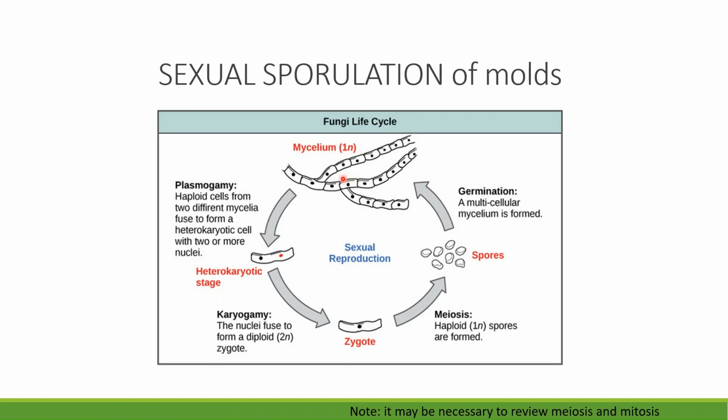And these haploid cells go through a process where two different mycelia can fuse together to form what we call a heterokaryote. So two hyphae from two different cells combine together into the same cell, and shown by this black dot and this red dot, you can think of those as the nuclei.